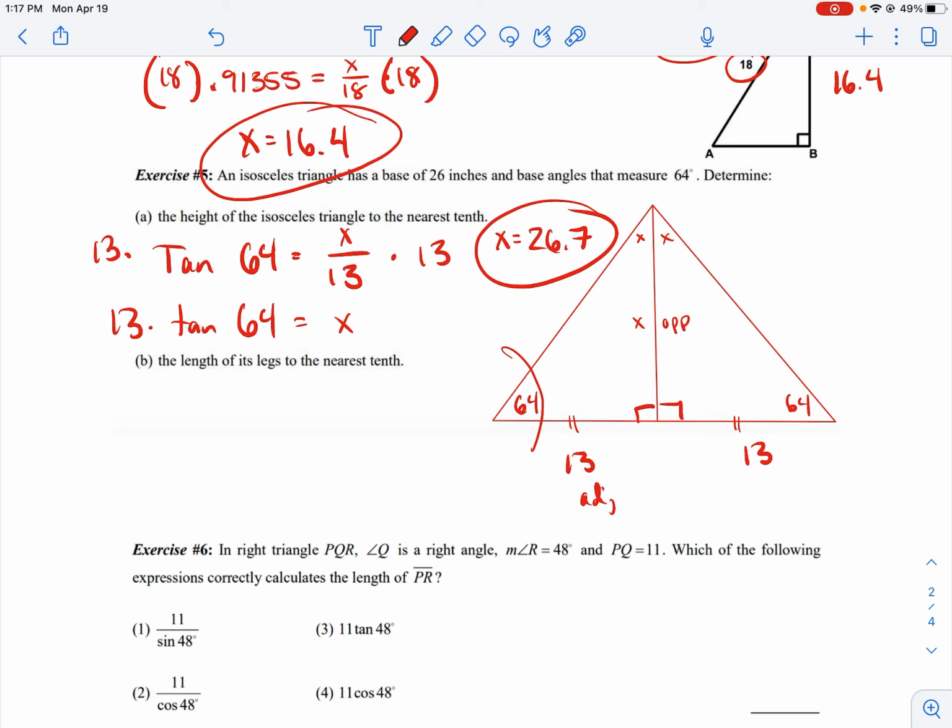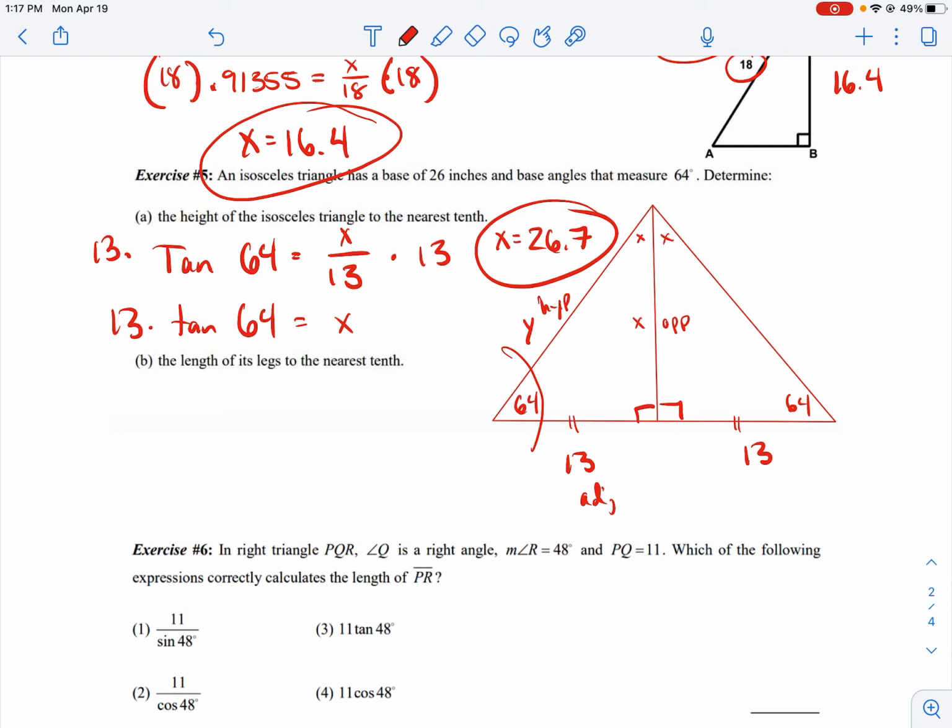This question also asks for the length of its legs to the nearest tenth, so they want to know what the hypotenuse is. We'll just have to switch up our ratio. We'll call this one y up here.